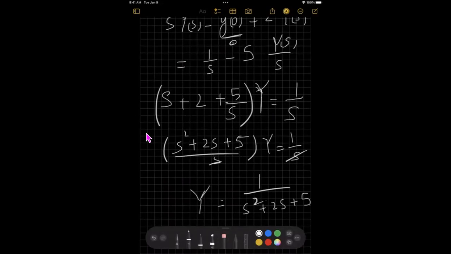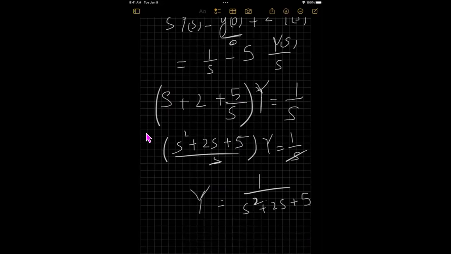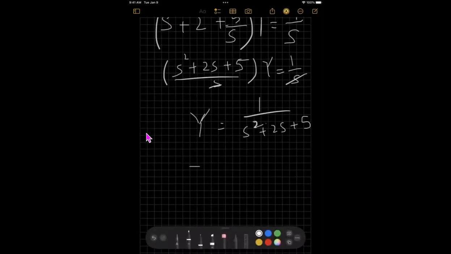Now you have to solve the integral equation, so we cannot stop here. What we will do here, we can make it 1 over s squared plus 2s plus 1 plus 4, right?